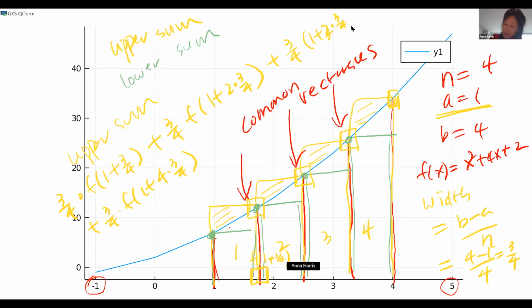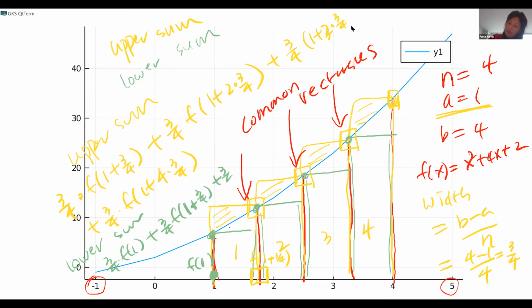Lower sum starts right here, which is f of 1. So lower sum is kind of the same thing as upper sum: 3/4 times f of 1, plus 3/4 times f of 1 plus 3/4, plus 3/4 times f of 1 plus 2 times 3/4, plus 3/4 times f of 1 plus 3 times 3/4.